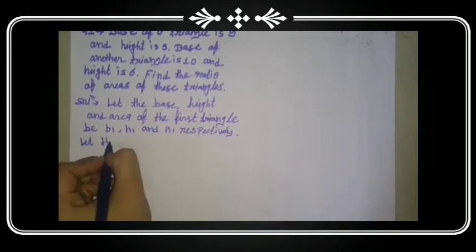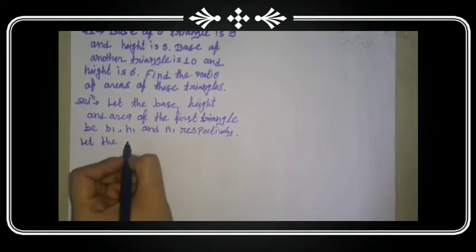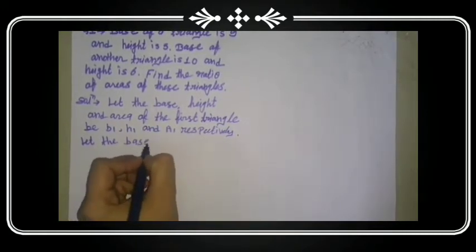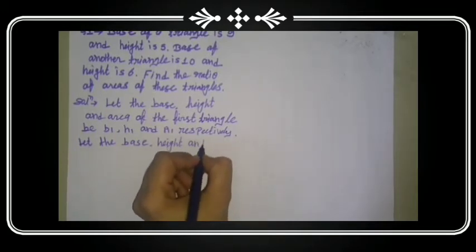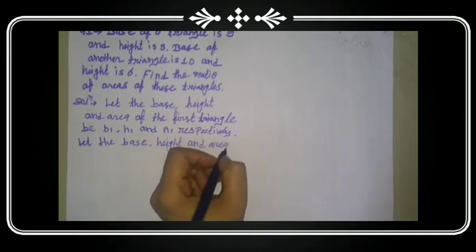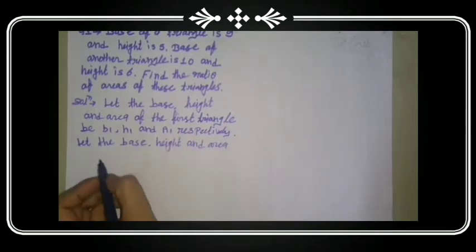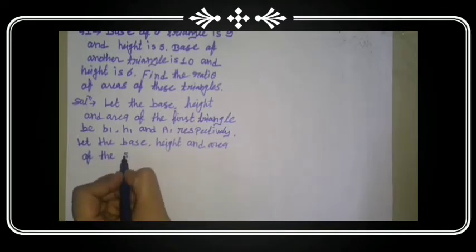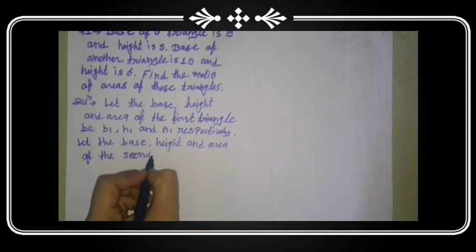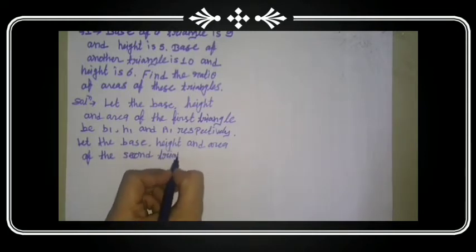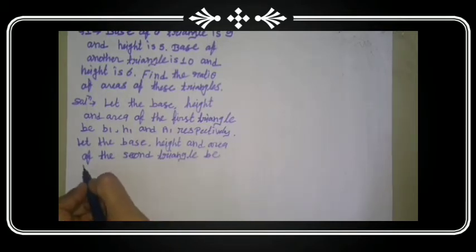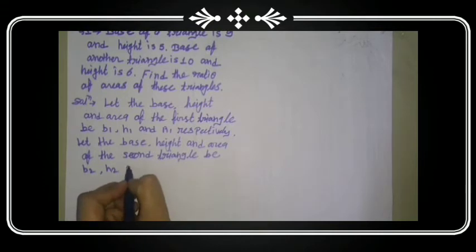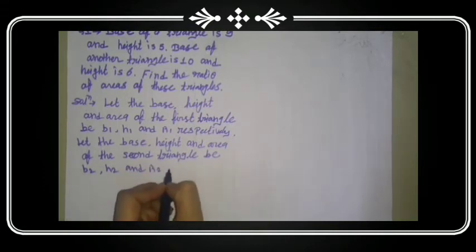Let the base, height and area of the second triangle be B2, H2 and A2 respectively.